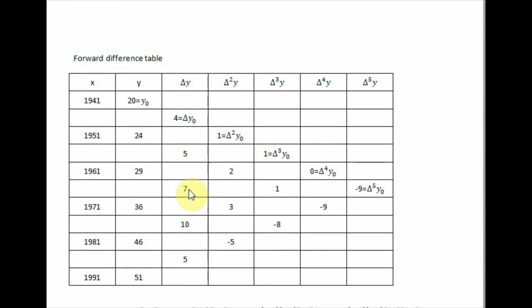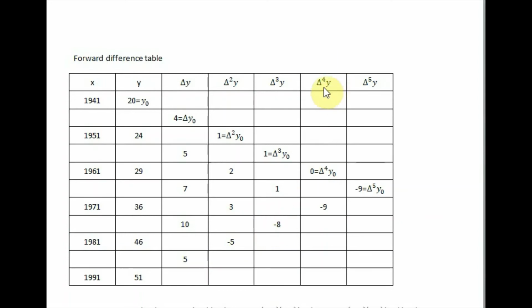Then 10 minus 7 equal to 3, 5 minus 10 equal to minus 5. Then delta cube y, third order differences. So we have 2 minus 1, that is 1, which is equal to delta cube y0. Then 3 minus 2, again 1, and minus 5 minus 3 is minus 8.